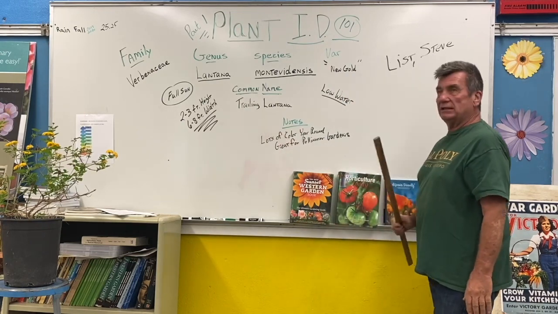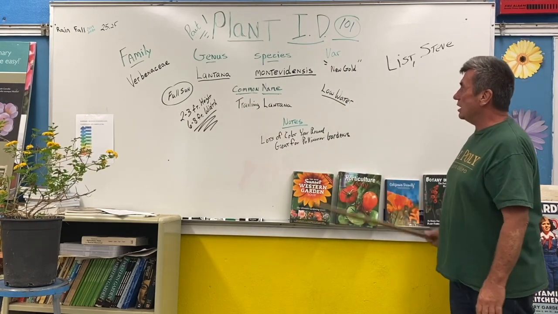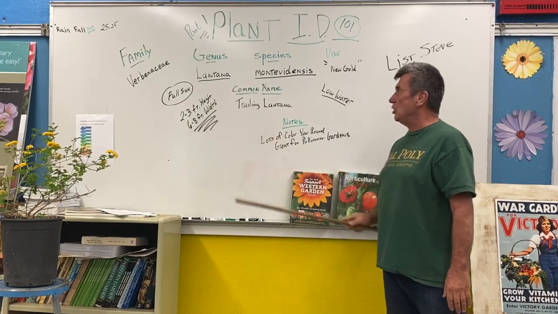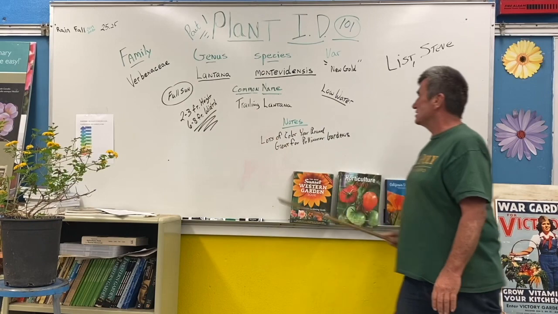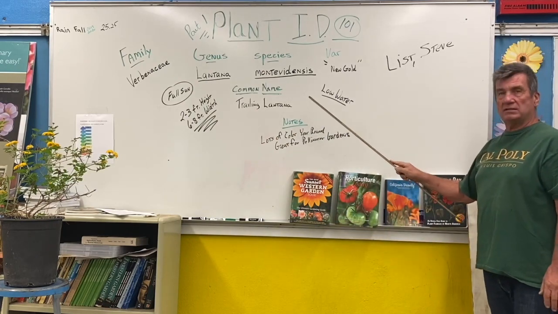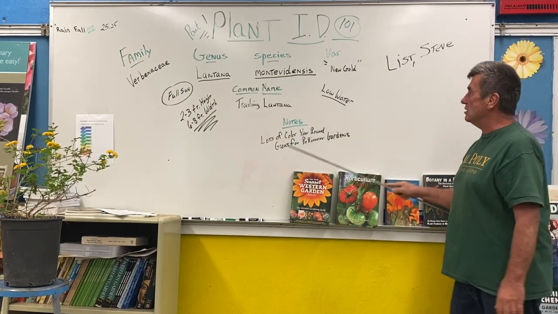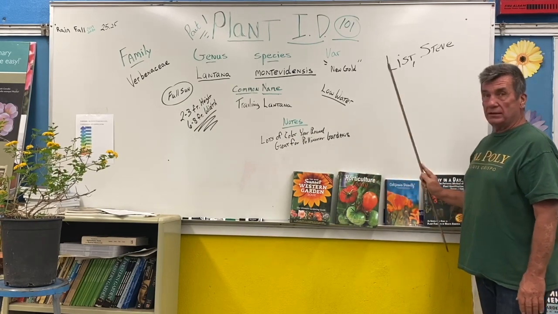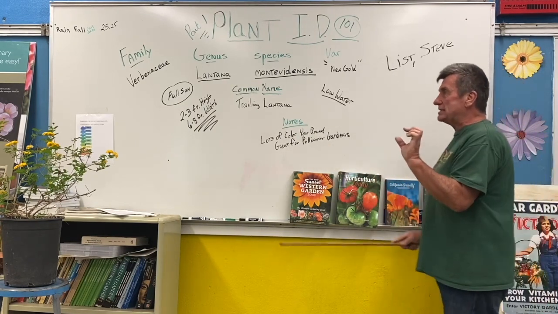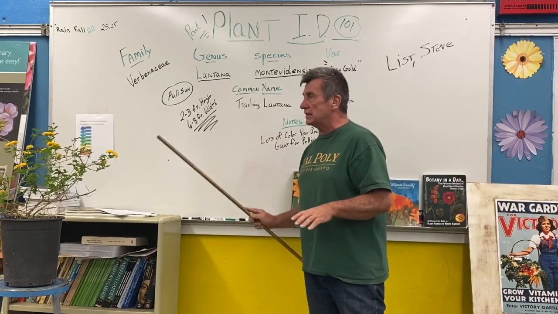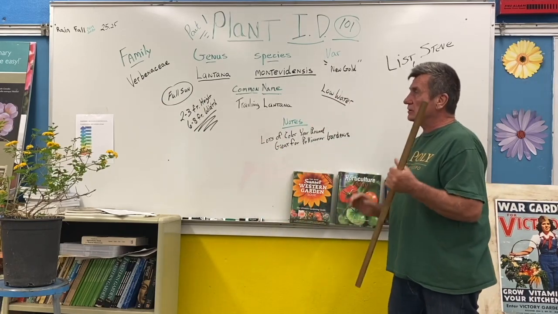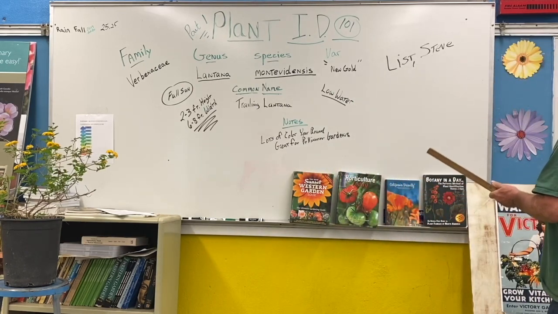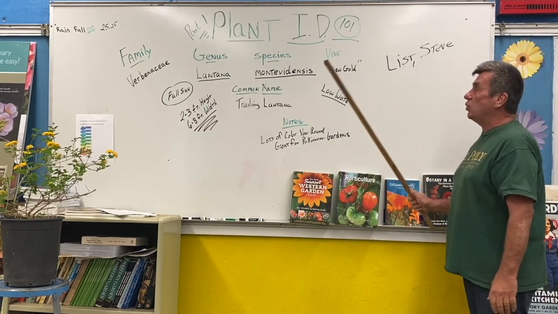Common name, trailing Lantana. Low water, 2 to 3 foot height, 6 to 8 foot width, full sun. And I always like to do this for my plant identification is note. Lots of color, year-round, great for pollinator gardens. There's this little tiny Lantana moth that buzzes around this thing, and it's kind of cool to have. Little kids love it.